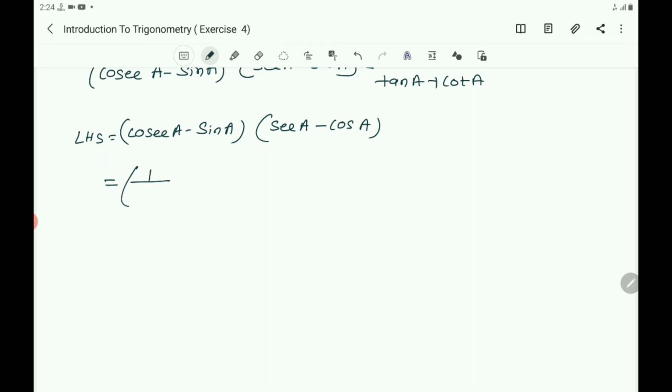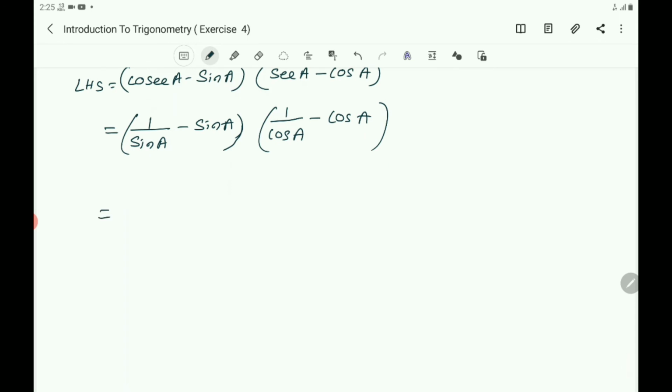So you write cosec A is 1 by sin A minus sin A, into, here secant A is the reciprocal of cos. So you write secant A is nothing but 1 by cos A minus cos A.